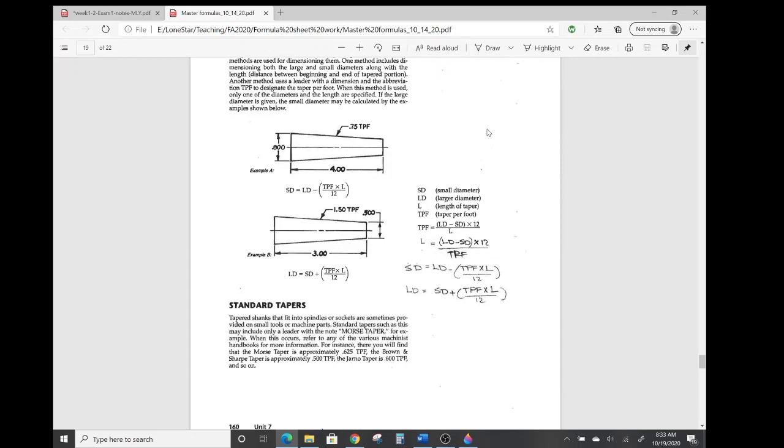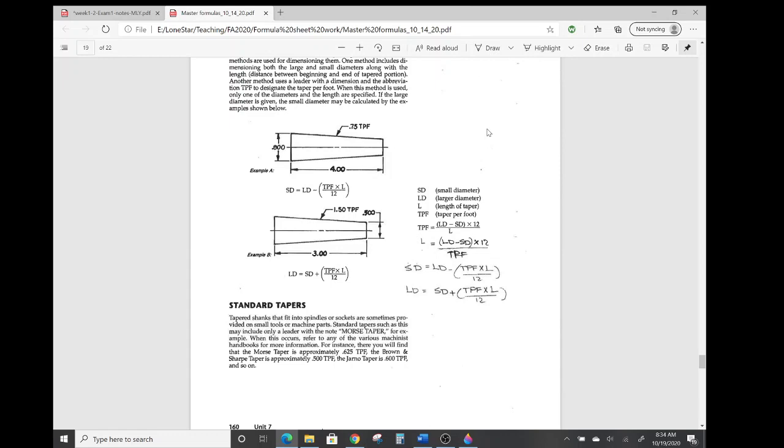Now, I was nice and I algebraically rearranged all this for y'all. Merry Christmas. So if you're looking for L and you know what your taper per foot is, then you can use this formula. If you're looking for the small diameter and you know everything else, including the taper per foot, then you can solve for the small diameter using this one right here.